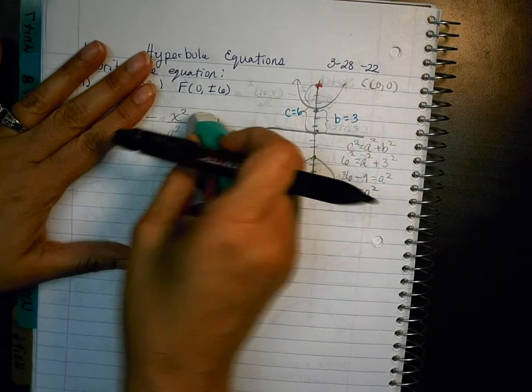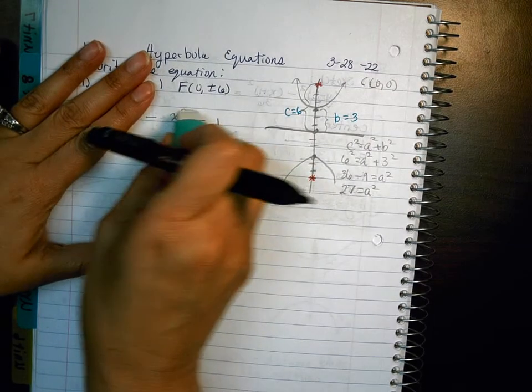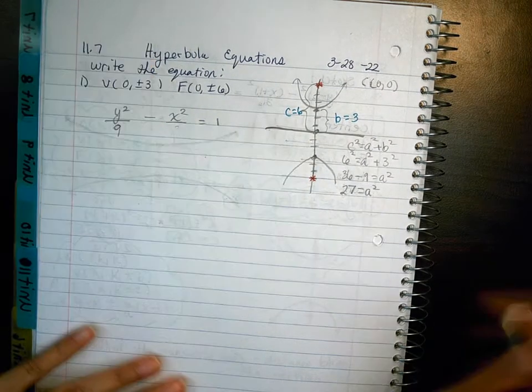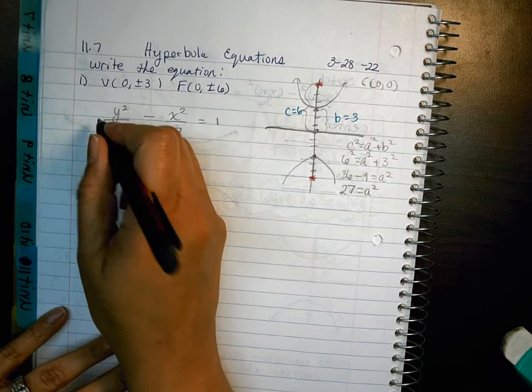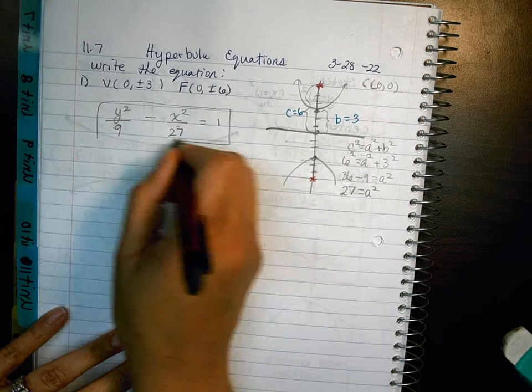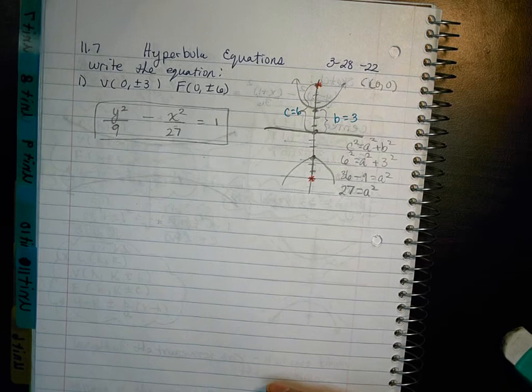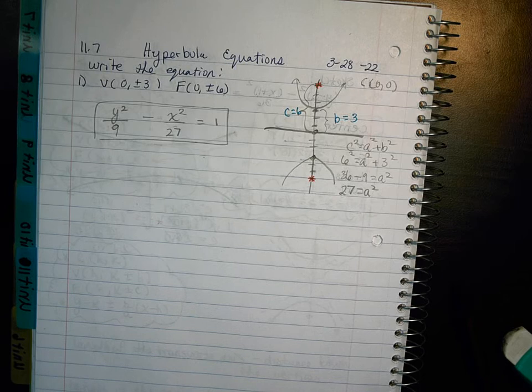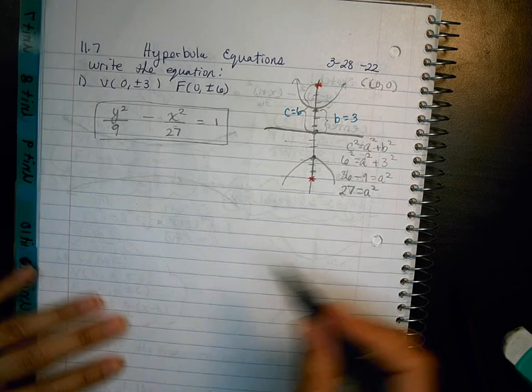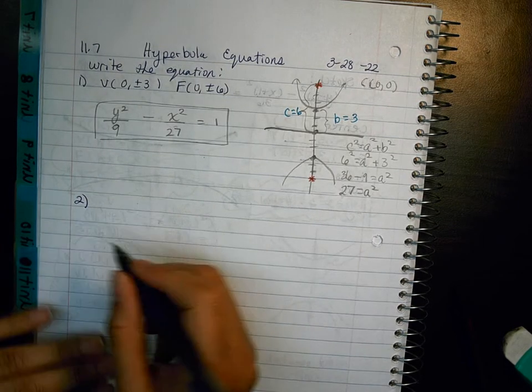So under the A, where the A squared's at, what am I going to put? 27, and I'm done with the problem. Does this feel similar to what we did with the ellipse problems? Any questions? No questions? All right, number 2.